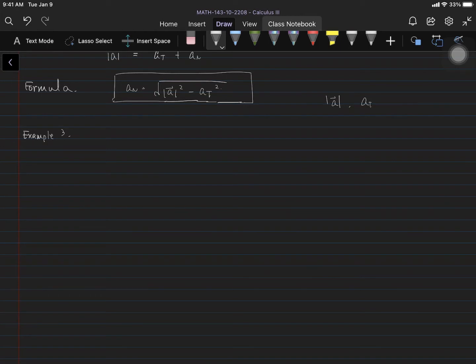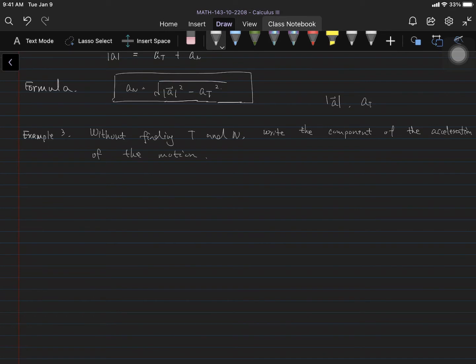Now, without finding T and N, so that means we don't need to find the tangent vector and the normal vector, write the acceleration components of the motion.